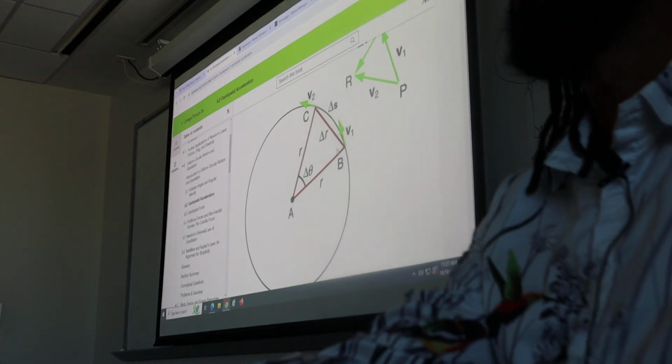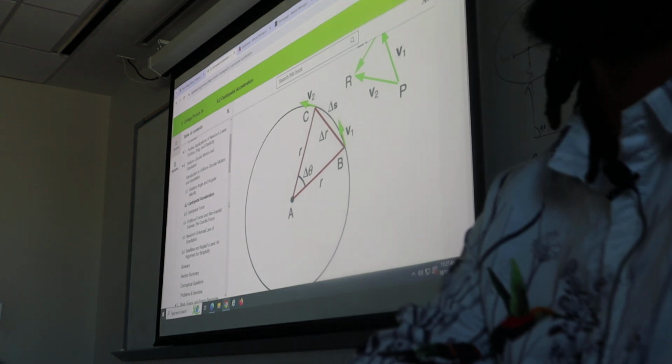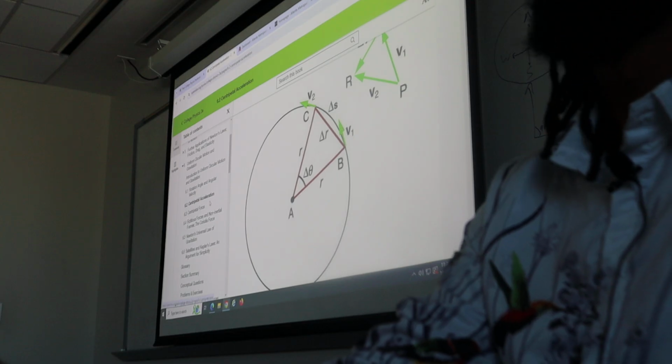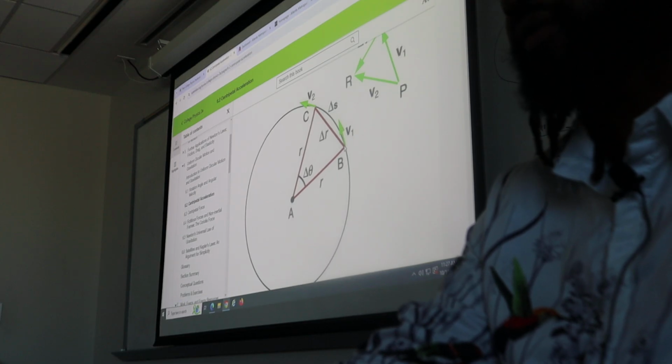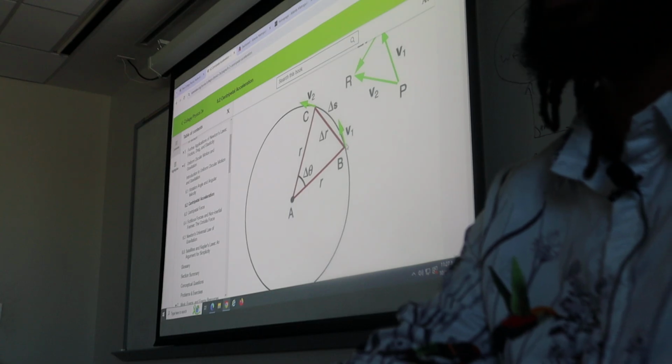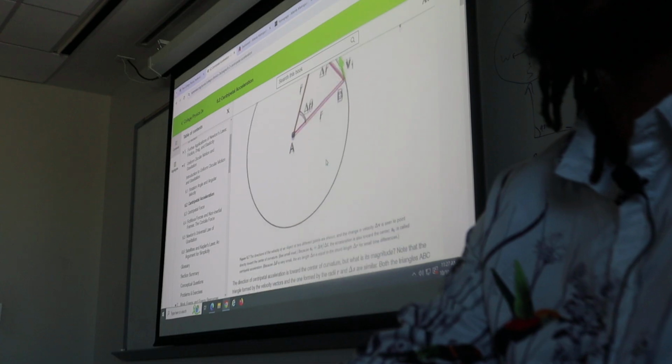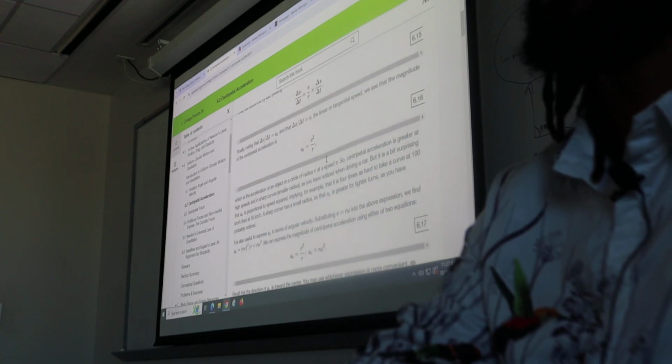And the Coriolis is the opposite of that, which they call fictitious forces, non-inertial frames.